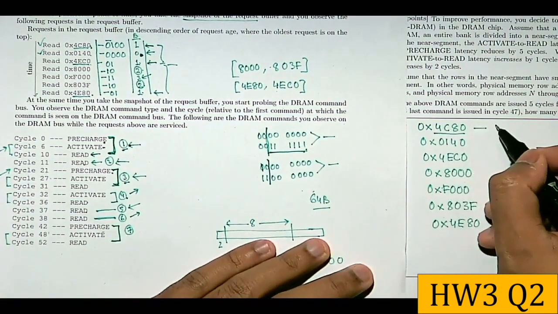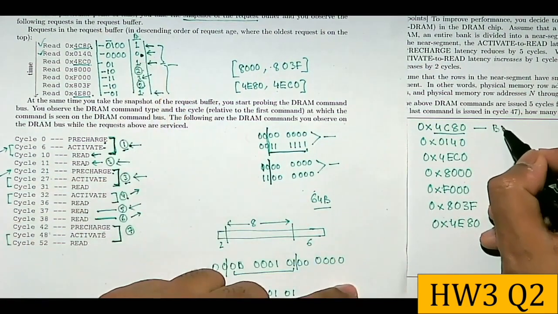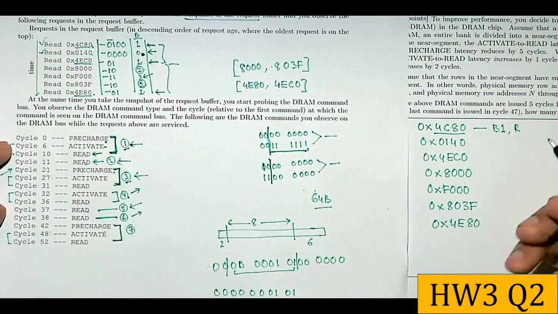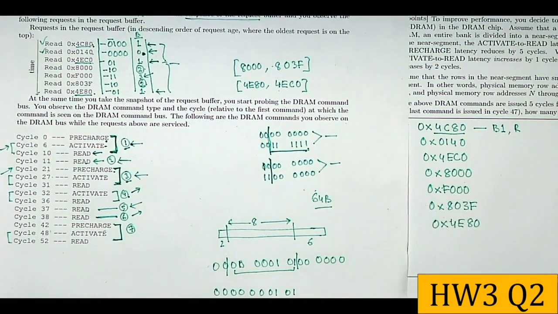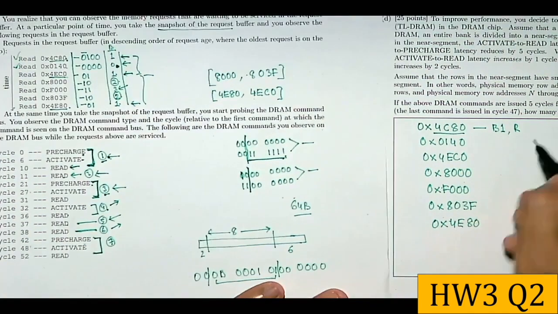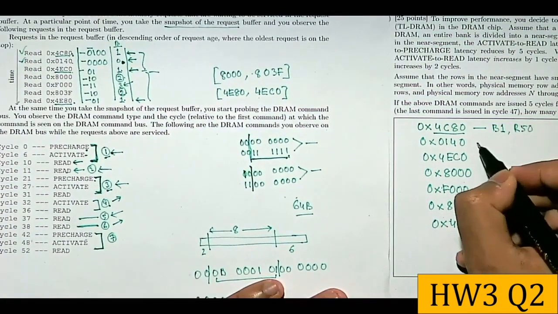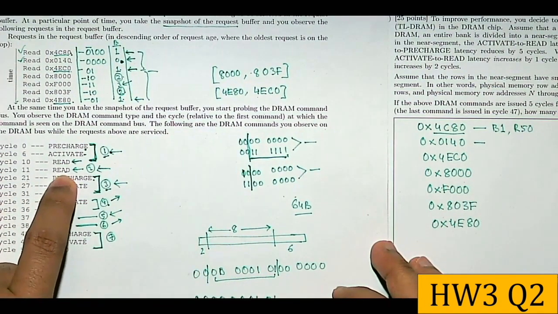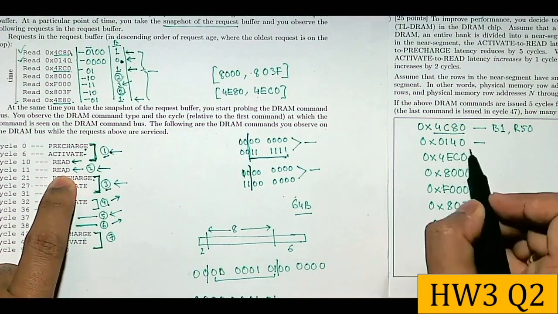So this is bank number 1 and row number, yeah, we need to calculate the row. I guess I have the row calculated somewhere. Okay, so this is row number 50.